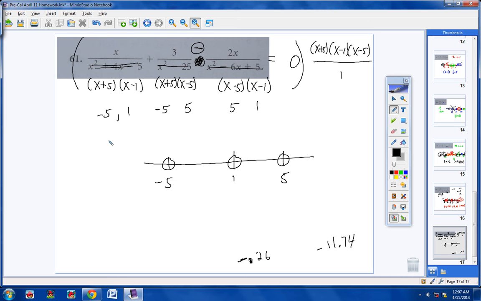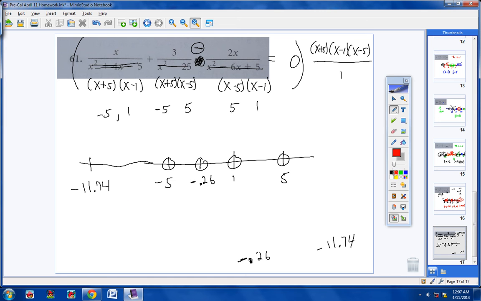Let's see. 1, 5, negative 5, and then negative 0.26. So that would be about right here. And then way over here is going to be negative 11.74. Okay?